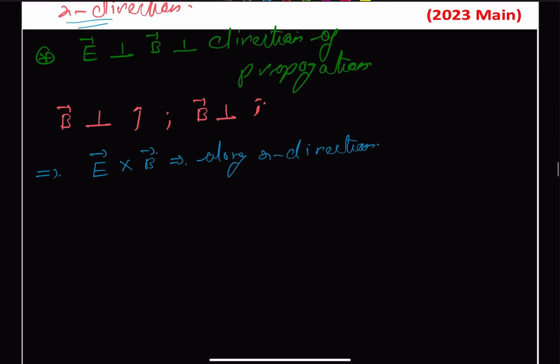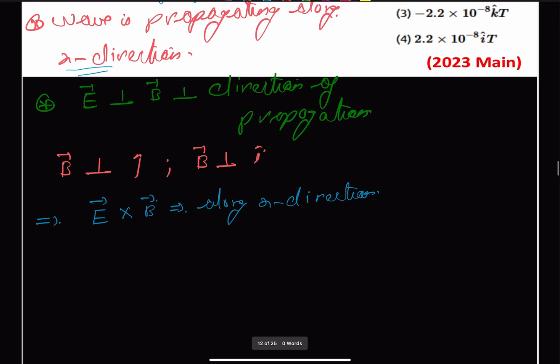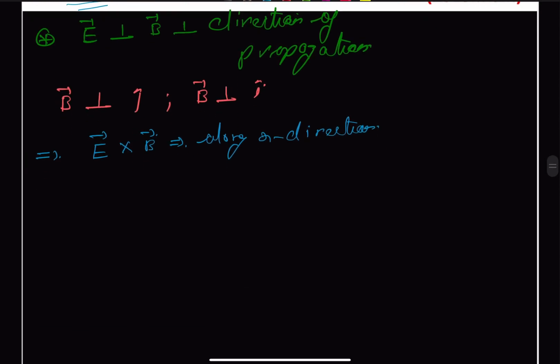Therefore, the electric field is along the j unit vector, and the magnetic field, let us suppose we call this the B unit vector, and their cross product should give us the x direction, that is the i unit vector.